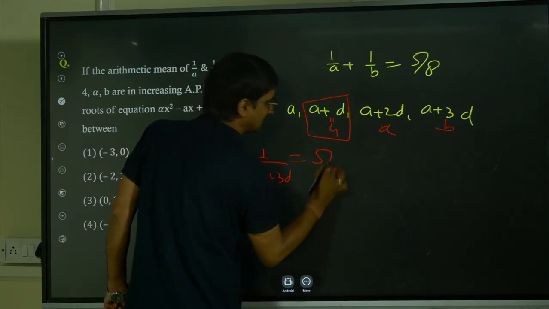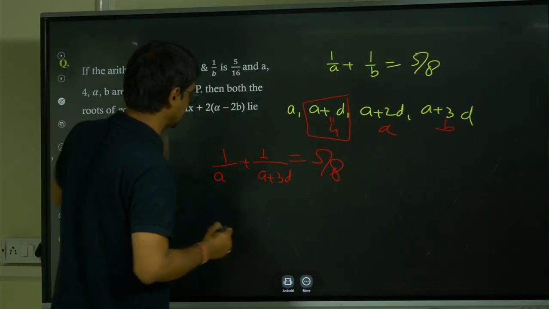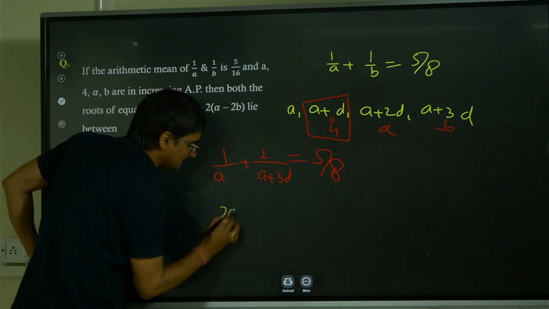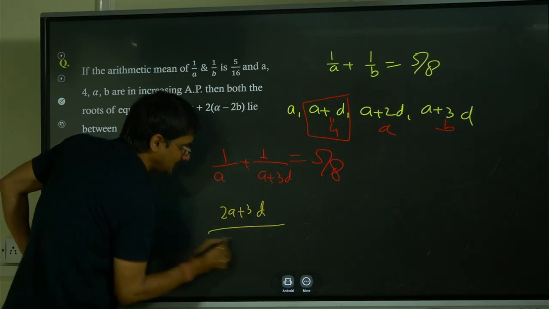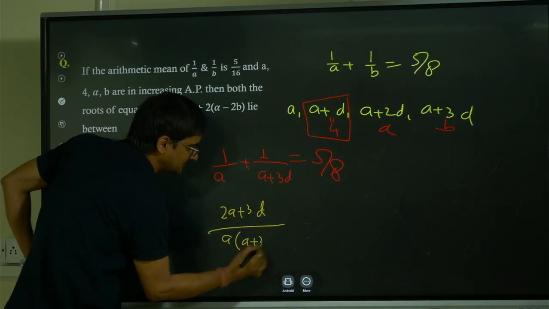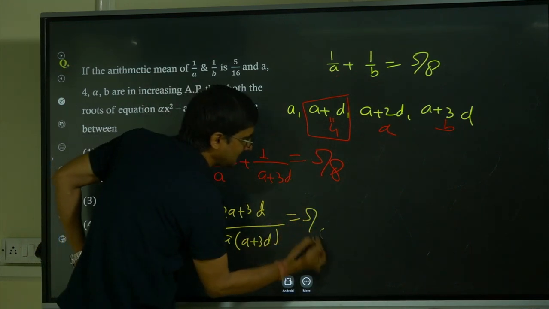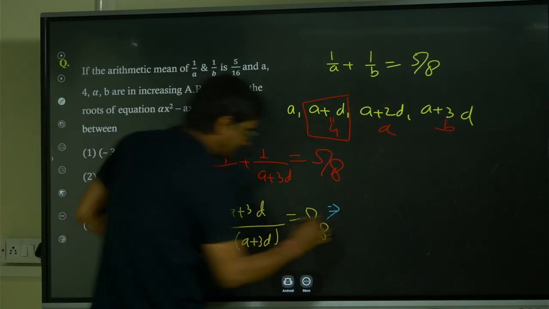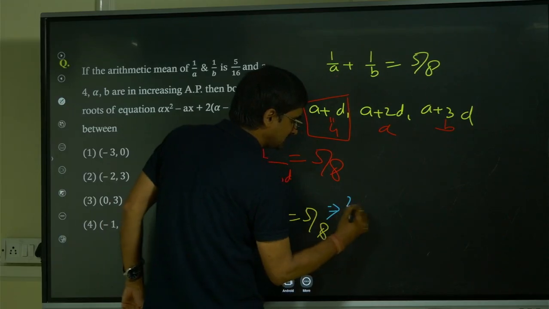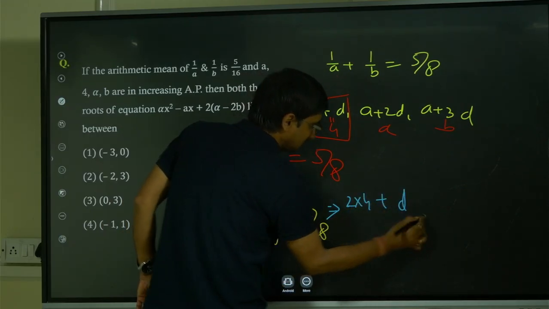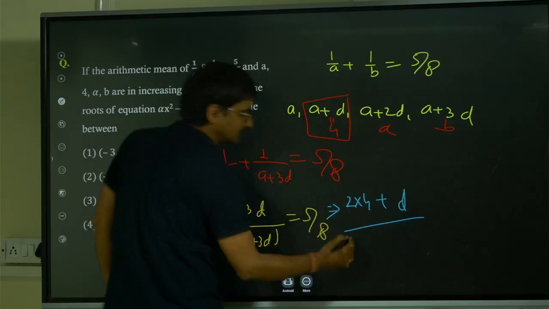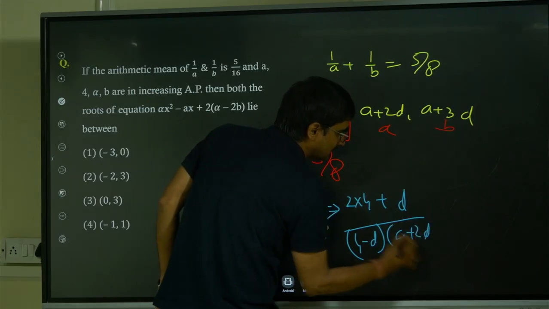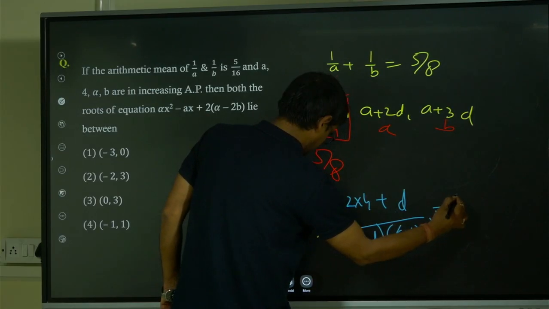If anyone else has anything in mind, can discuss it here. Taking LCM, 2a plus 3d over a into a plus 3d is equal to 5 by 8. Now putting the value, 2 common, a plus d is 4, a is 4 minus d, and this is 4 plus 2d, 4 plus 2d is 5 by 8.